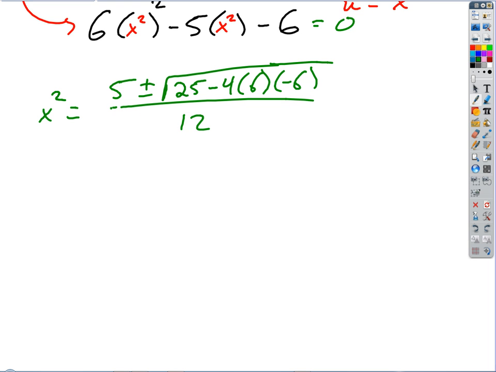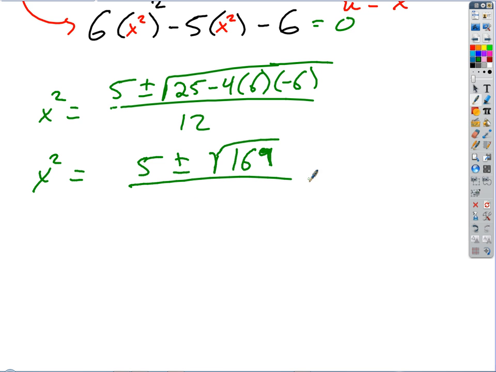I'm going to zip through this real quick because we're going to actually factor this in. I'll show you how to factor it, or remind you how to factor it. But if I simplified this, I would have gotten x squared equals 5 plus or minus, and that whole thing adds up to 169, 25 plus 144. Just trust me on that.